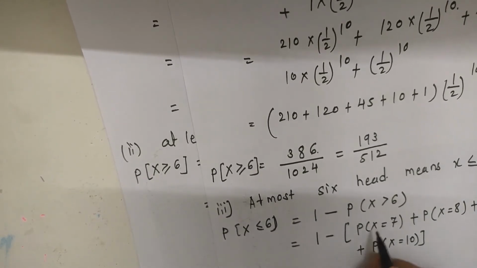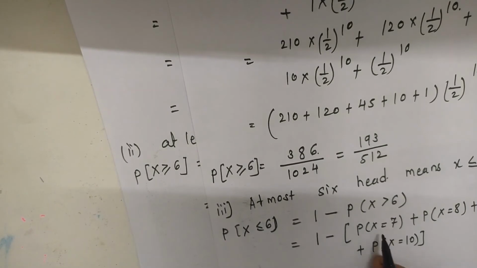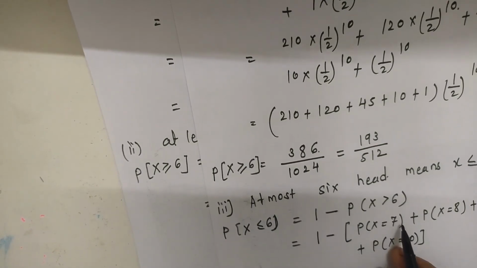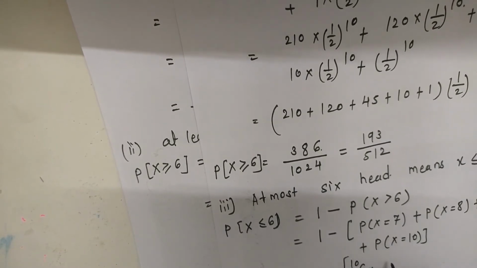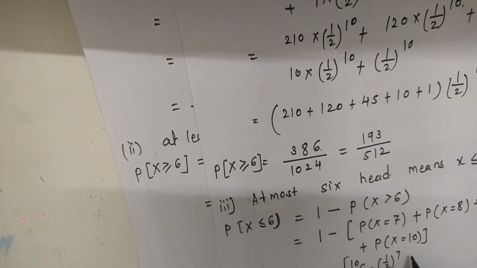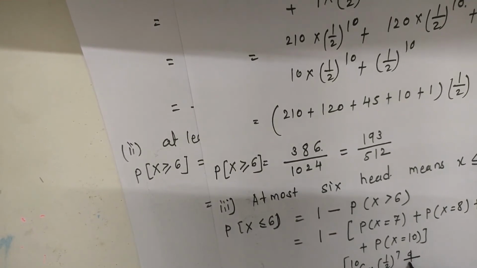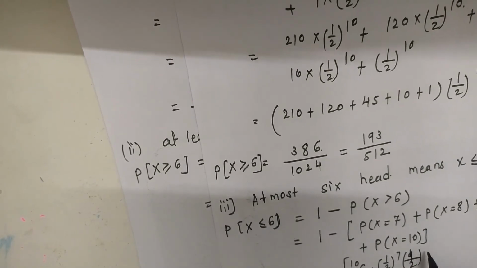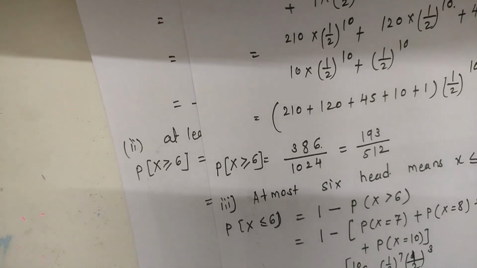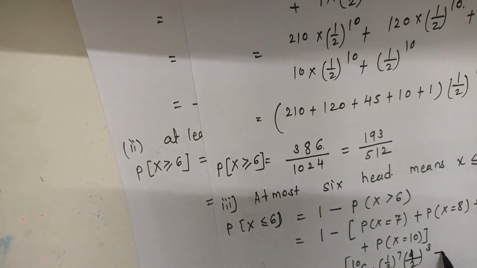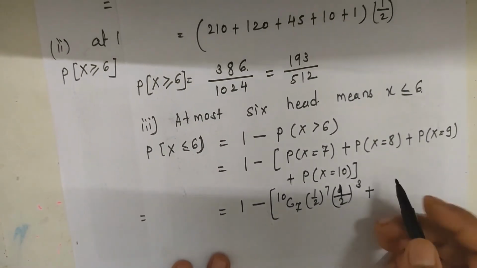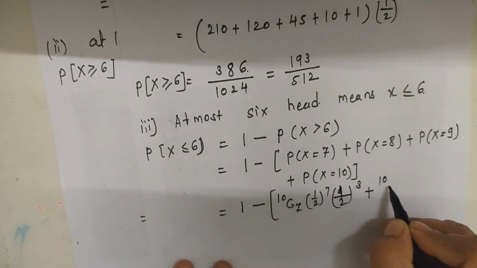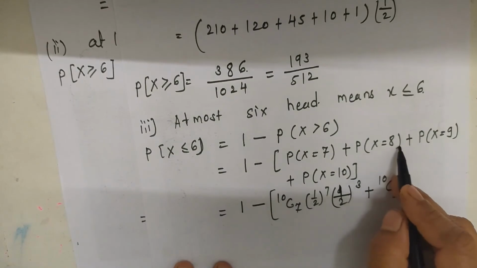So 1 minus the probability for each value of x can be written as 10c7, where p means half raised to 7 and q means half raised to 10 minus 7, that is 3. The next value, using the binomial distribution formula, is 10c8. Here x is equal to 8.